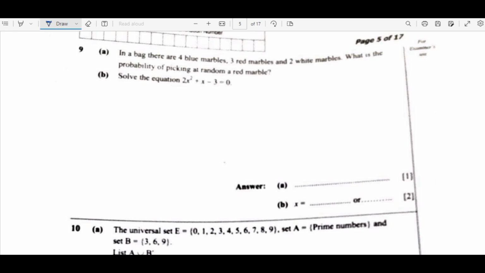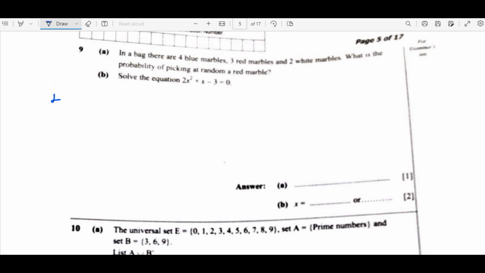So we have these 3 collections of marbles: the first one is the blue one, the second is the red, and then the white. To find the probability of picking the red marble, the first thing to do is to find the total.